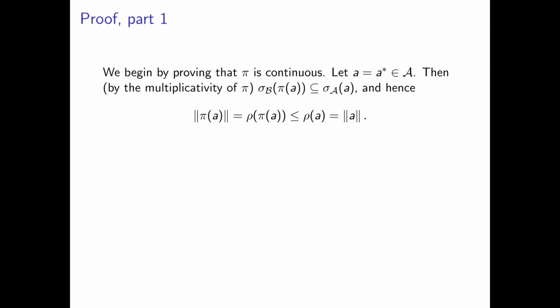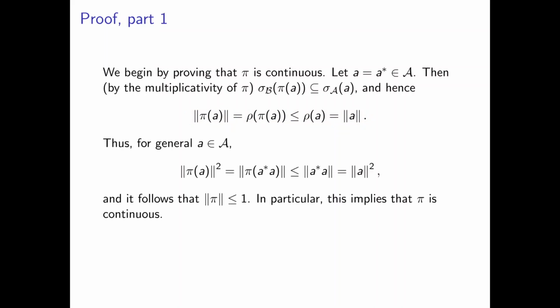So if A is self-adjoint, then by the multiplicativity of pi, we have that the spectrum in B of pi of A has to be a subset of the spectrum of A in the C-star algebra A. And hence, we get that the norm of pi of A, which is equal to the spectral radius of pi of A, is less than or equal to the spectral radius of A. And of course, we have that the spectral radius of A is just the norm of A. And this is true for every self-adjoint element.